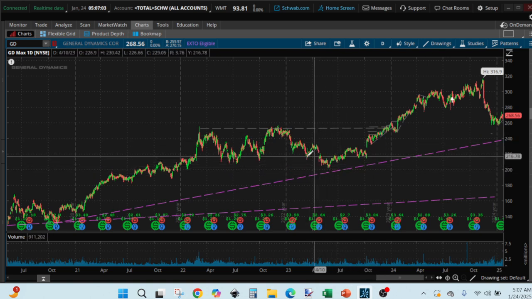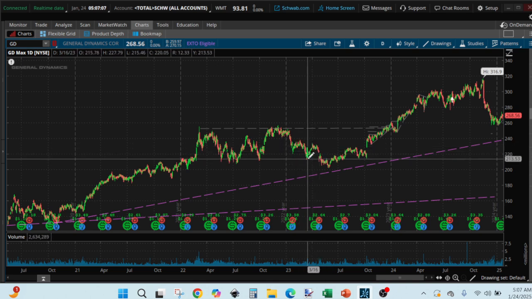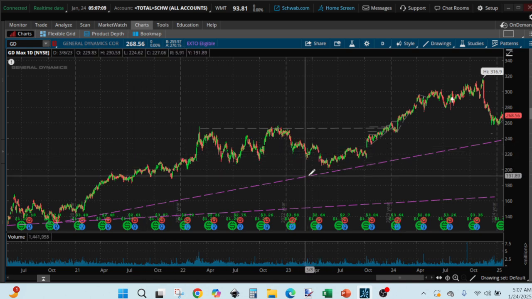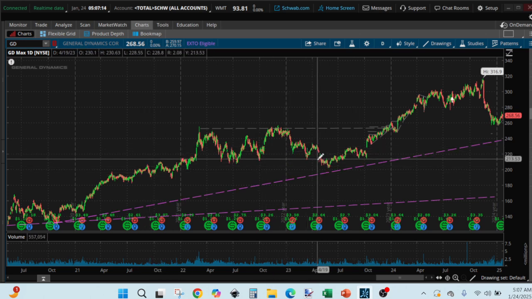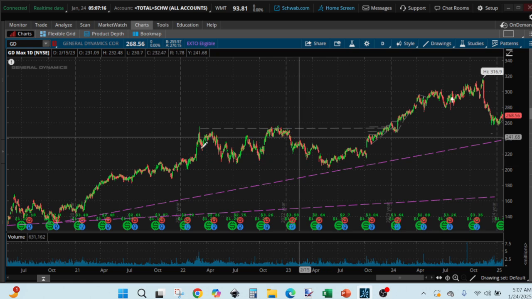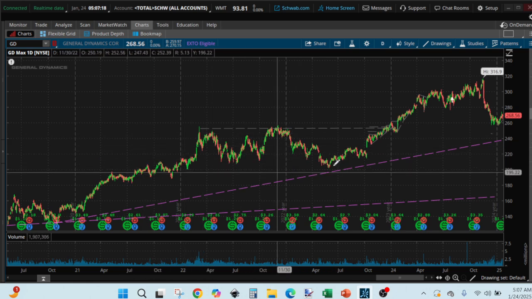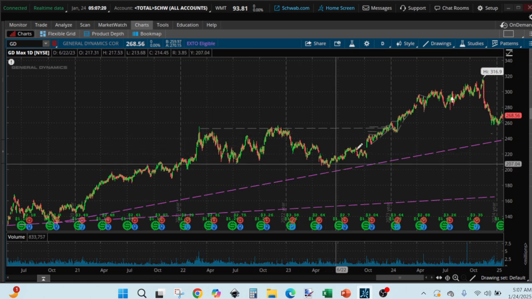Because you see the way it did the descent here, even though it used the same area as a resistance line, it used that resistance line as a support. After going up a little bit, it pulled back again and used it again as a support without touching this one before it started going up.